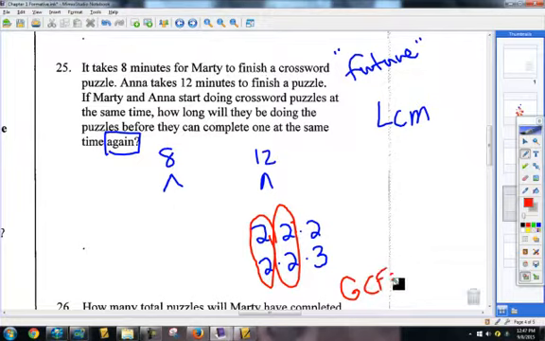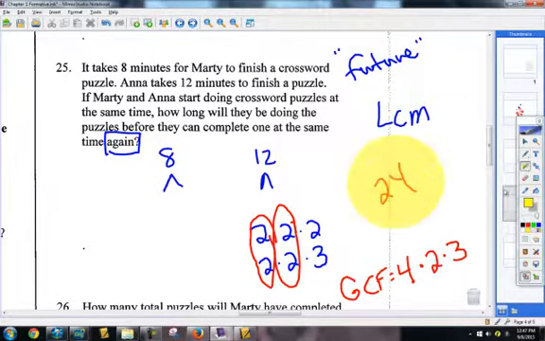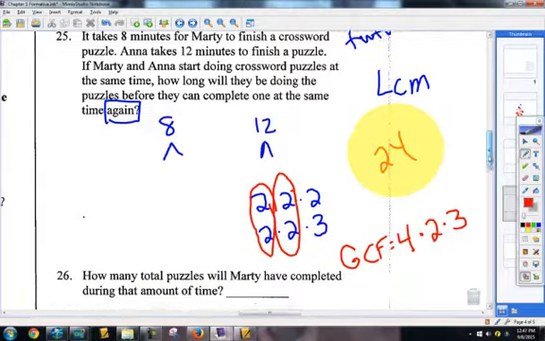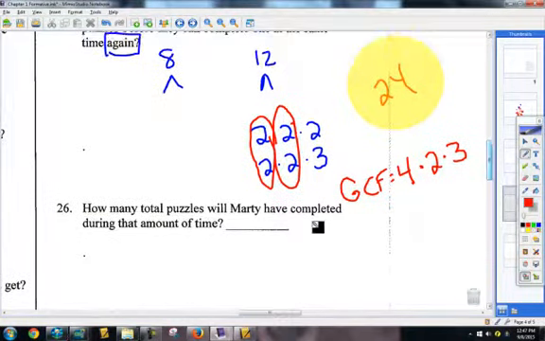It is 4. And then I got to multiply it by whatever's left over, and that's going to be 24. So that means at 24 minutes, both Marty and Anna are going to finish a puzzle at the same time. Everybody got that?